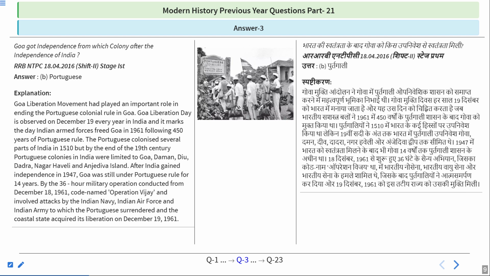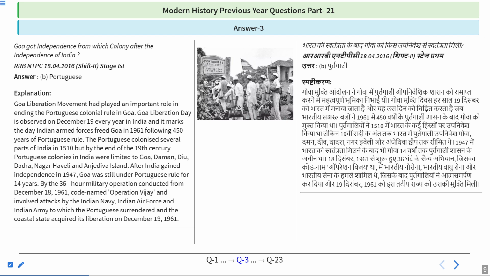Goa Liberation Day is observed on 19 December every year in India, and it marks the day the Indian Armed Forces freed Goa in 1961, following 450 years of Portuguese rule. The Portuguese colonized several parts of India in 1510. By the end of the 19th century, Portuguese colonies in India were limited to Goa, Daman-Diu, Dadra Nagar Haveli, and Anjediva Island. After India gained independence in 1947, Goa was still under Portuguese rule for 14 years.